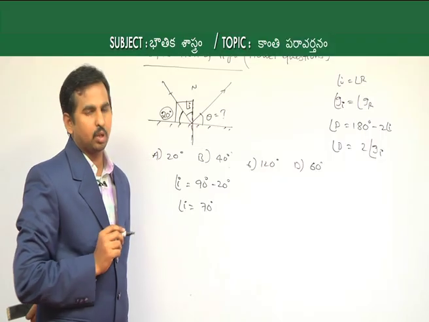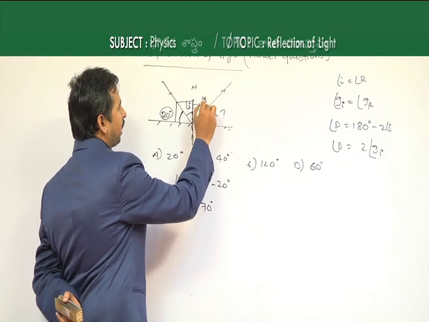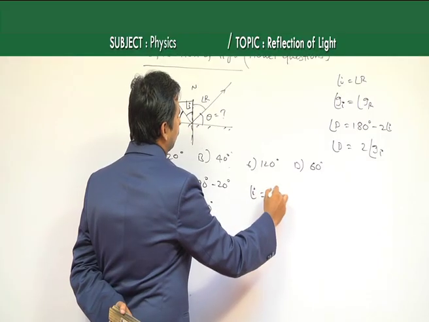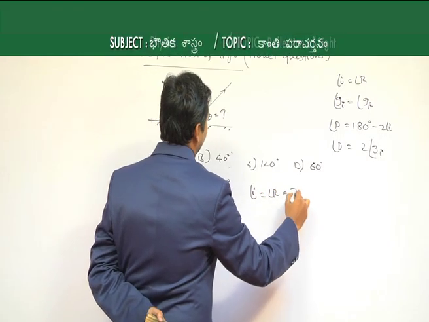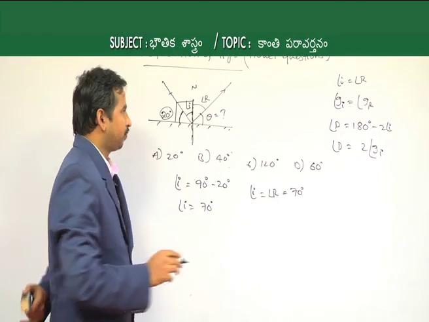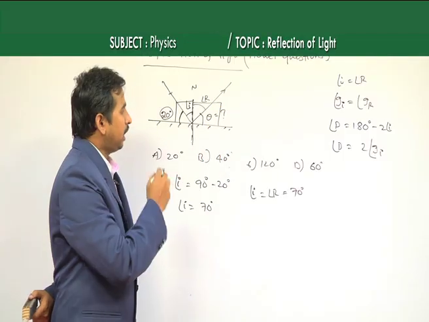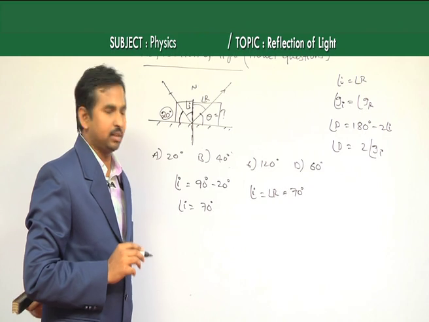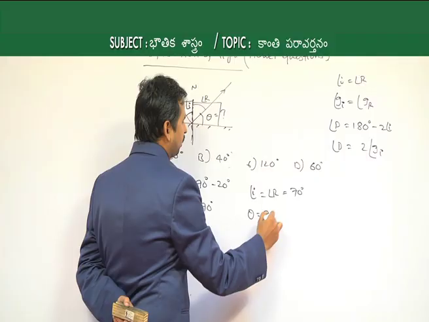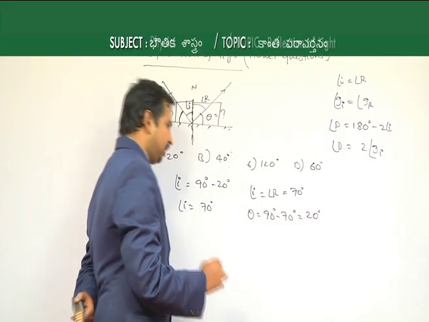By using the first formula, i is equal to r, we can get the angle of reflection. As the angle of incidence is equal to the angle of reflection, it is equal to 70 degrees. Then again the normal makes an angle of 90 degrees with the surface, and the angle of reflection is 70 degrees. Then the remaining angle theta is 90 degrees minus 70 degrees, which is equal to 20 degrees.